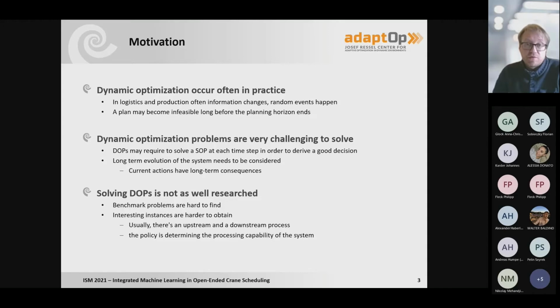The second thing is that it's a research challenge because these are very hard problems. How do we solve them? Overall, that's why we proposed the Joseph Ressel Center: we feel that there is a lot less research with respect to dynamic optimization problems. There is a lack of benchmark problems.